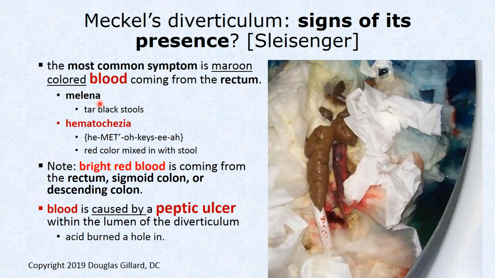Melena, that's a stool. I didn't show you a picture of one, but it's black. It looks like tar. That means the bleed in the intestinal cavity has come from way up, maybe in the duodenum or way up the upper GI system.